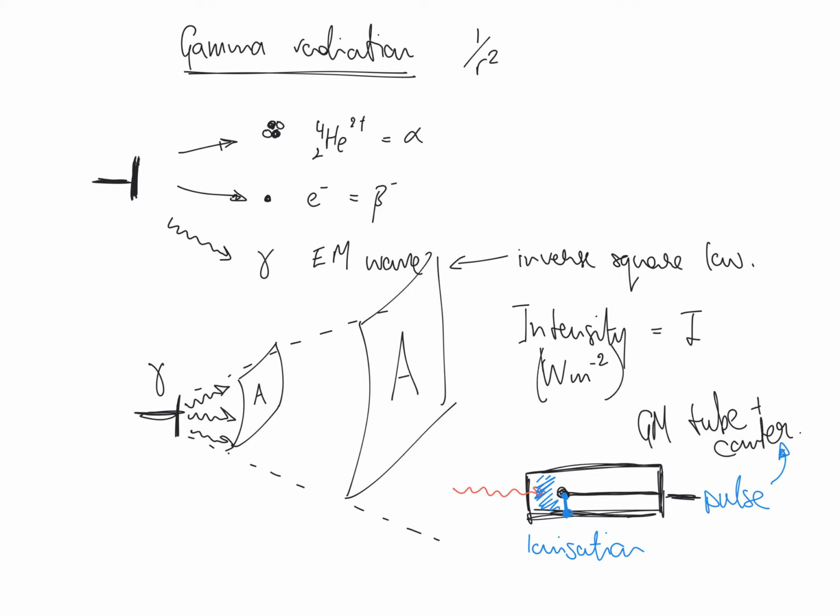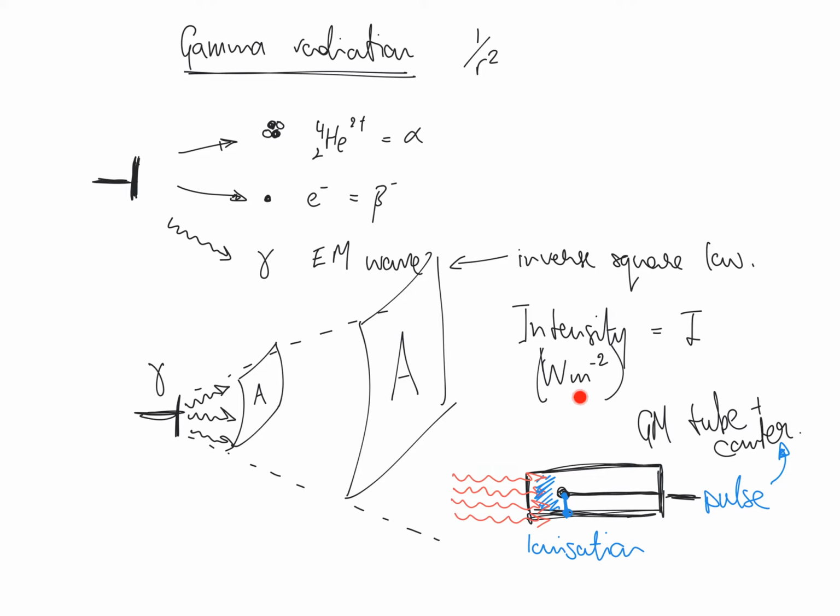So we need to be careful here about our definition of intensity versus the number of counts. It might be that only 1 in 5 gamma rays coming in results in an ionization that causes a pulse to occur.